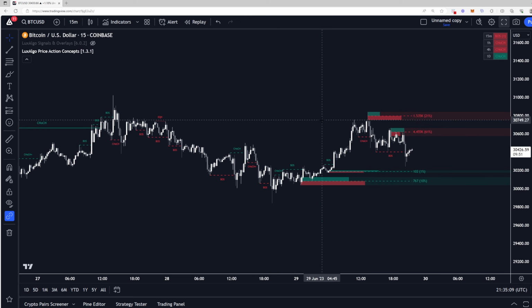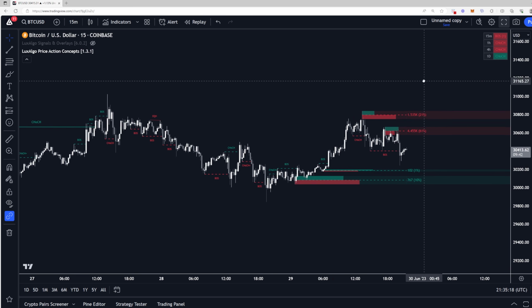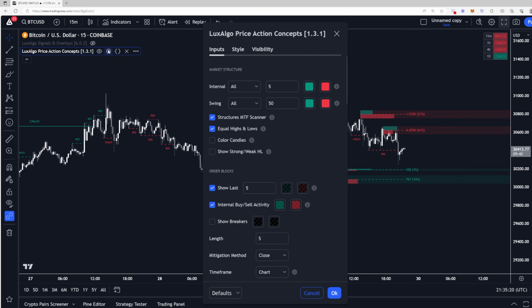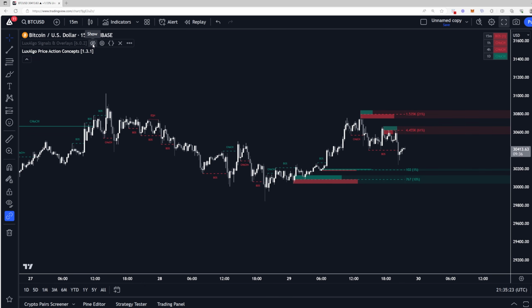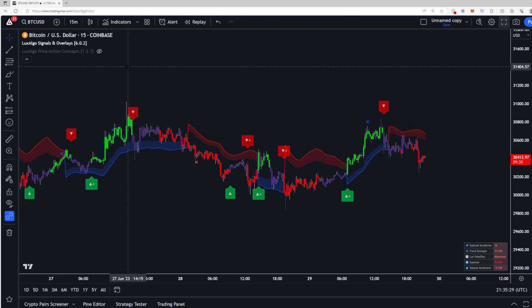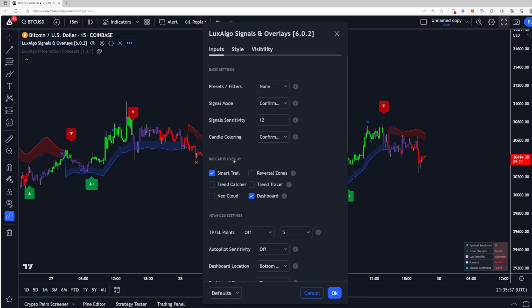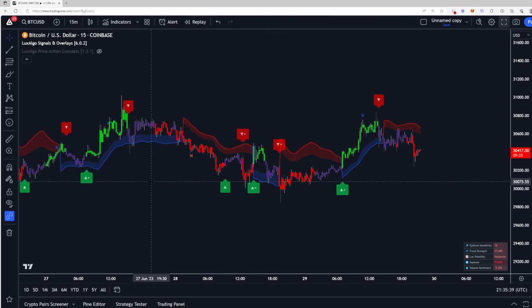The price action concepts is very much pertaining to the market structure, raw price action, and a little bit of volume, okay? And this is an entire toolkit in itself. While the signals and overlays is 100% focused on really what its name is, which is the signals and the dynamic features like the overlays that you can select within the settings and customize super deeply.